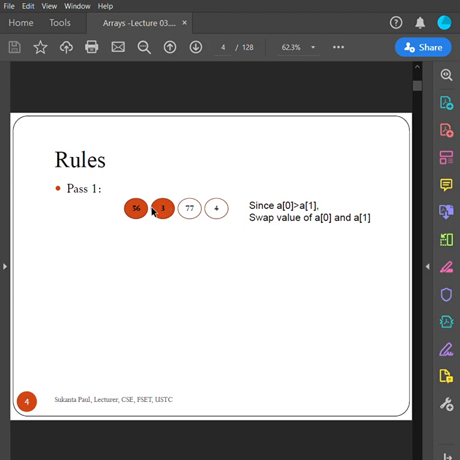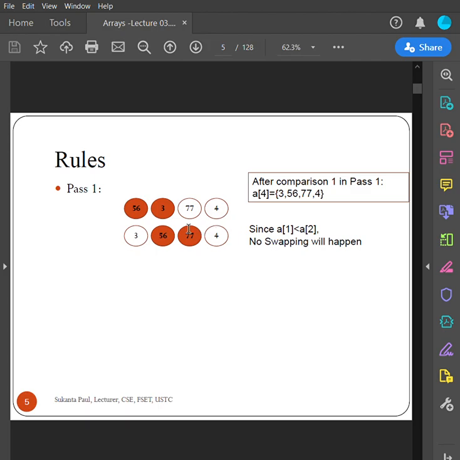Swapping means the value 56 will go to the position of 3, and 3 will go to the position of 56. After swapping, we see that 3 is here, 56 is here, 77 is there, and 4 is there.